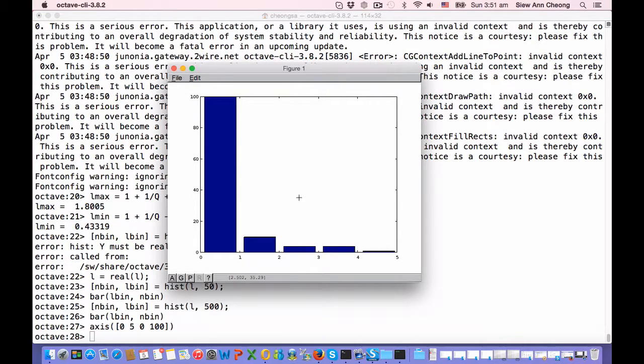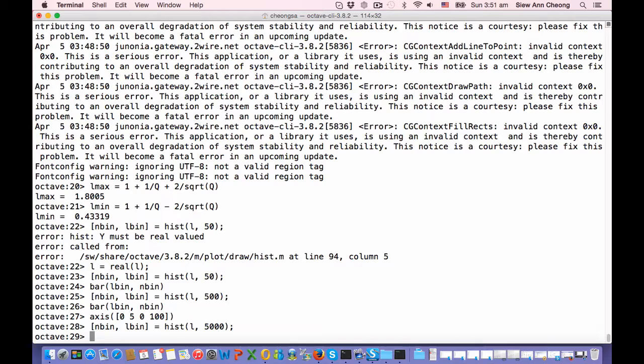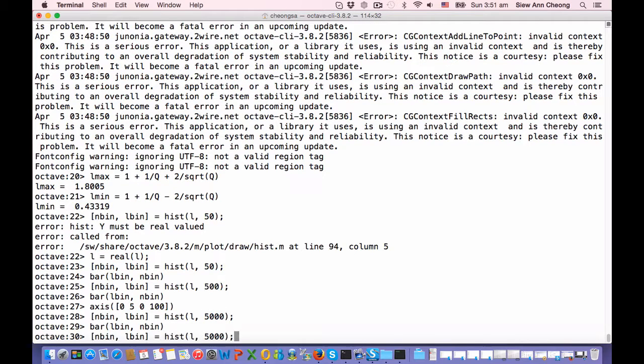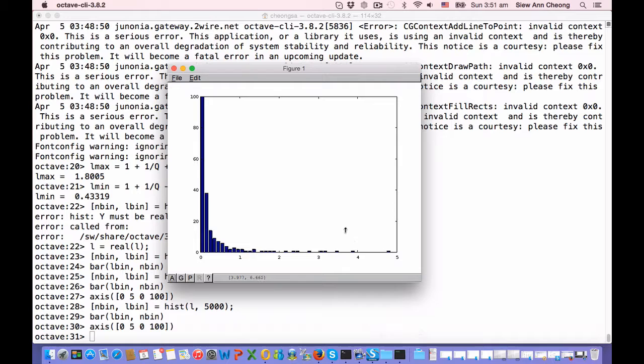Okay, so actually there's not enough bins here. So 500 is not enough. So let's increase the number of bins to 5,000. Okay, and create the bar graph again, and take a look at it. Now this is much more interesting. Okay, but there's still a lot of zero eigenvalues.